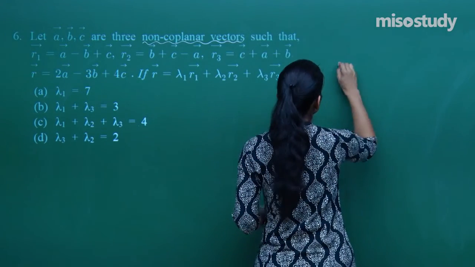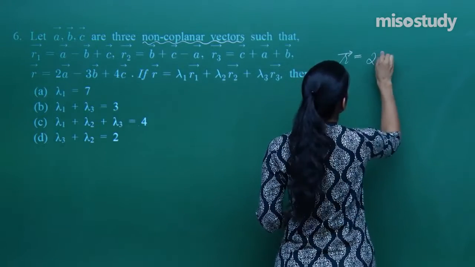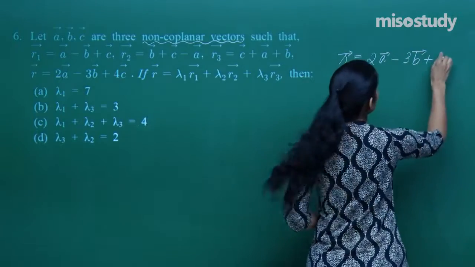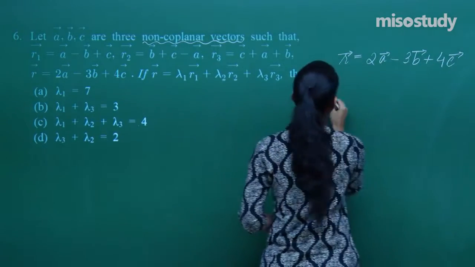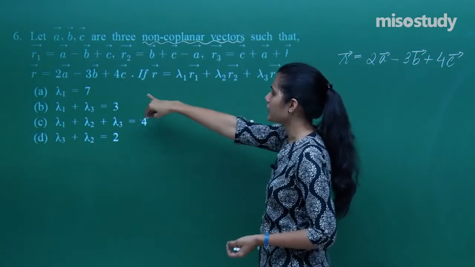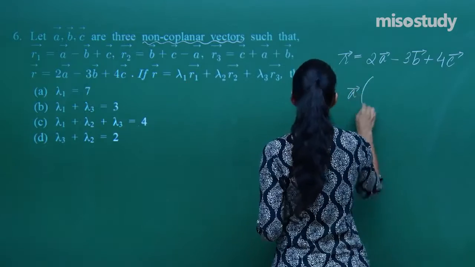Here it is saying R vector, which is 2 times a vector minus 3 times b vector plus 4 times c vector, is equal to lambda 1 times R1 vector plus lambda 2 times R2 vector plus lambda 3 times R3 vector. So let's see. Let's take out just a vector common.